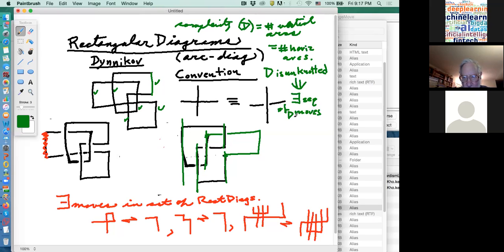We'll call them Dynnikov moves, the ones I've been discussing here. A sequence of Dynnikov moves, taking D to the unknot, that do not increase complexity.